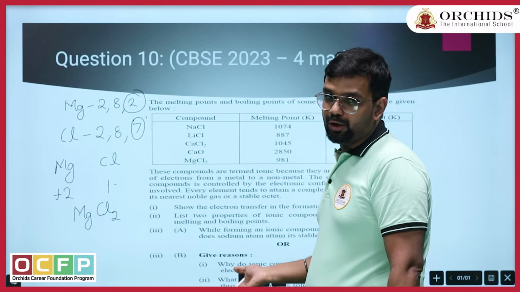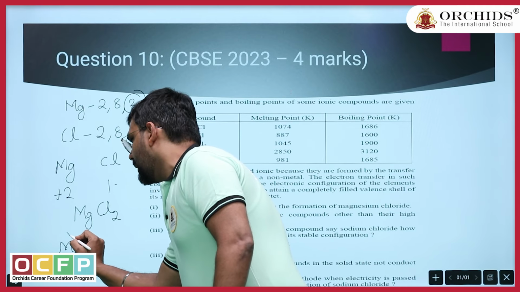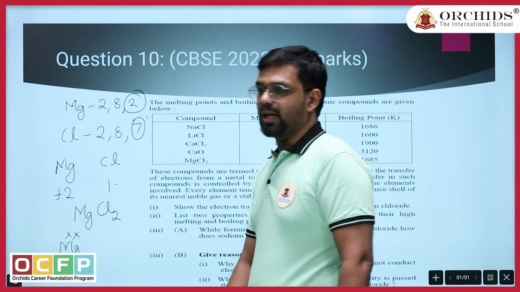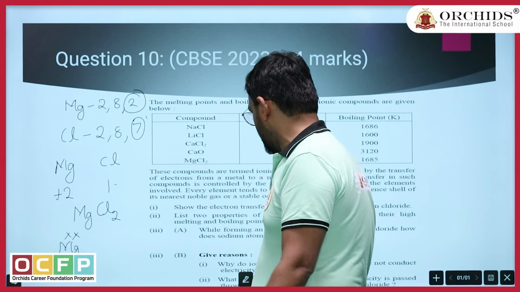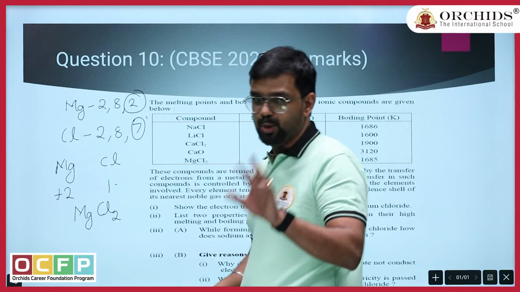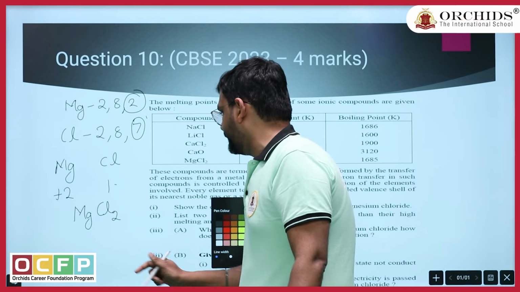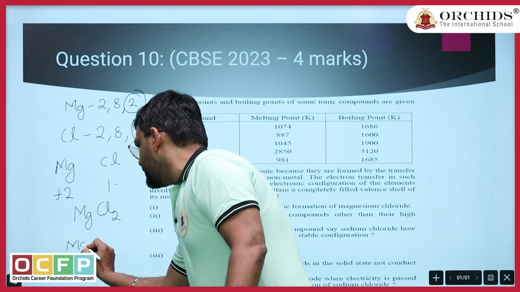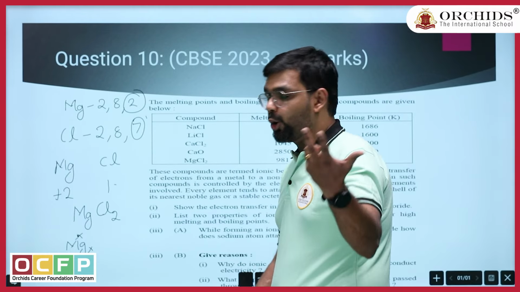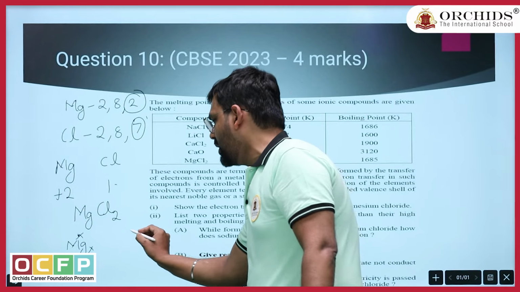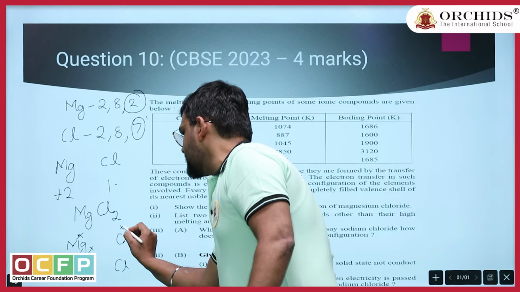Now what is the electron transfer? How is it done? Again, for Mg, how many electrons will be there? There are 2 electrons. You can keep them here or change that, it is up to you, but you have to show those 2 electrons which are available for transfer. So I'm going to keep it as Mg, 1 here and 1 here. How many chlorine atoms are we supposed to have? There are 2 chlorine atoms, so 1 chlorine and a second chlorine, and each is short of 1 electron.